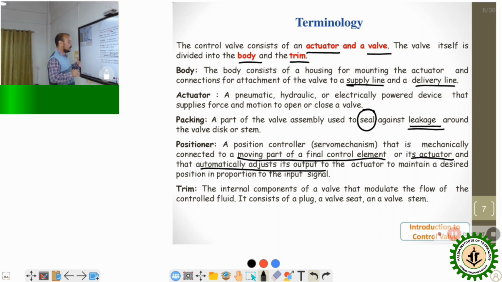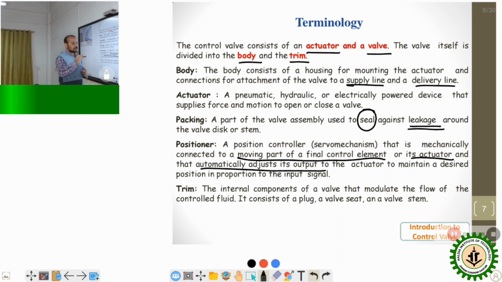So whenever the input signal is given, your positioner will give the instruction to the actuator and will try to maintain the position. That means if you want to maintain the control valve at 50% opening, your positioner will help you out.